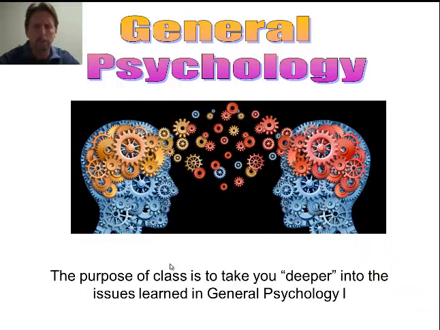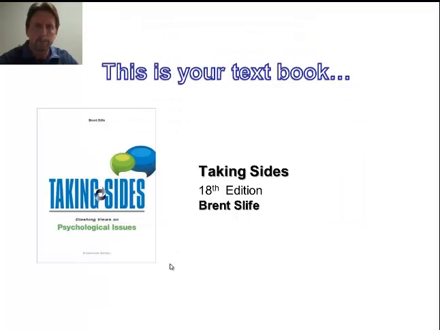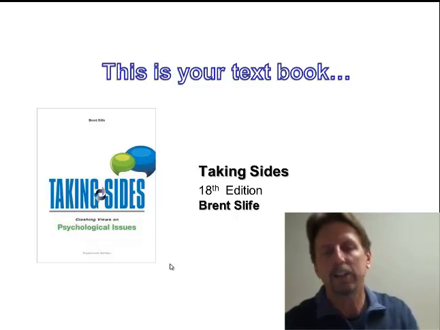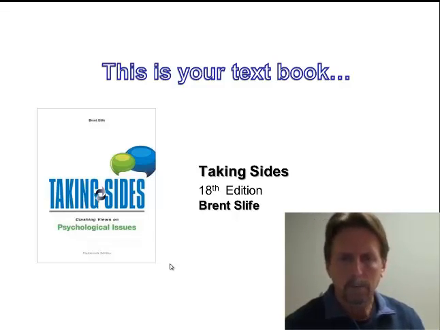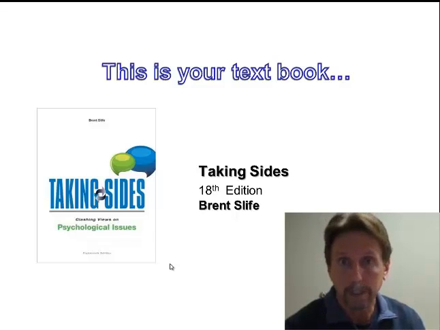The purpose of General Psychology 2 is to take you deeper into the issues that you learned from General Psychology 1. This is your textbook, Taking Sides, the 18th edition. First of all, you have a required reading.